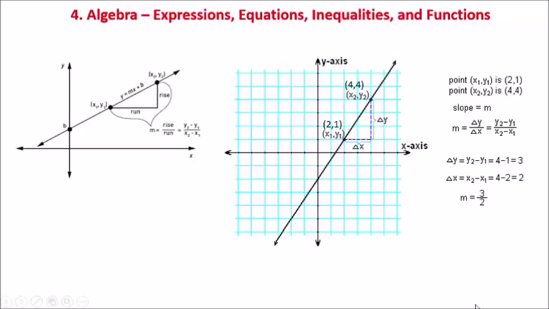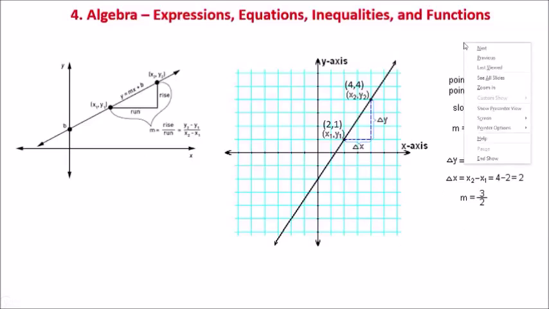That is y2 minus y1, which is 3, divided by x2 minus x1, which is 2. So the slope for this line is 3 over 2. That tells me how slanted this line is, and that is one way I can characterize this function, right?